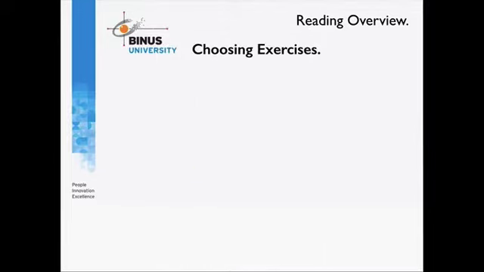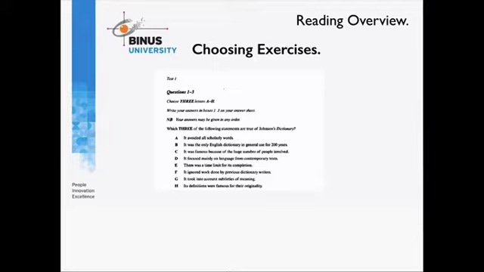So the next type of exercise is what you might call, I call them choosing exercises, because they're similar to multiple choice, but they're slightly different. So here, as it says, choose 3 letters A to H, and you've got the A, B, C, D, E, F, G, H. So you're choosing the best answer there.